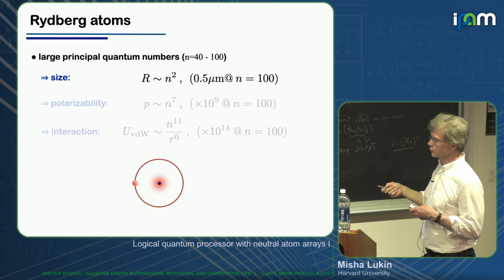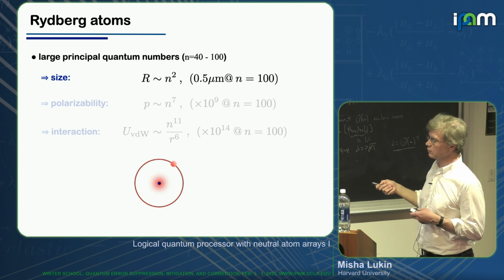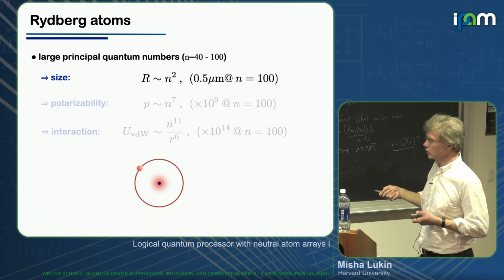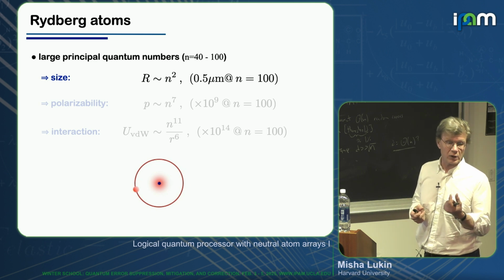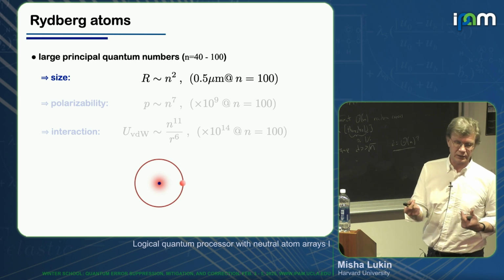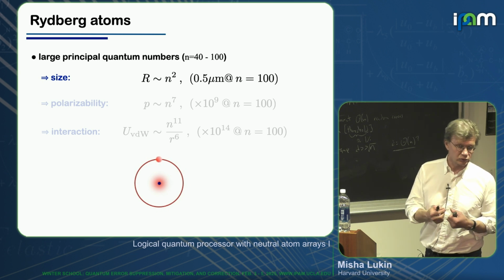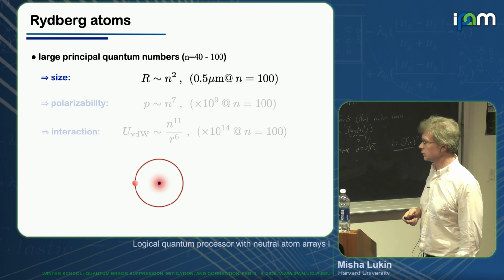The size of the orbit scales as the square of the principal quantum number. For n equals 100, which realistically you can excite, the size of the orbit is a fraction of a micrometer. The conventional ground state size of the atom is a few angstroms, so it's actually big. You change this orbit big time.